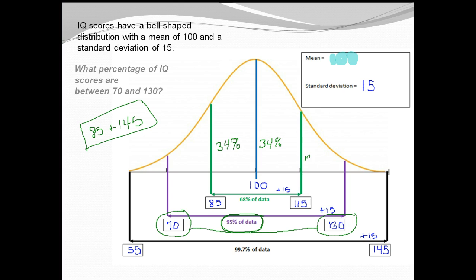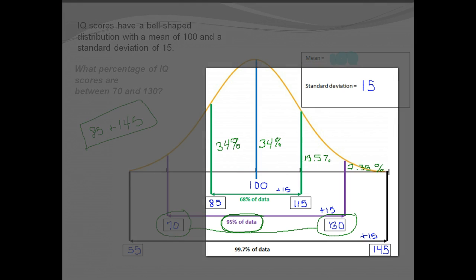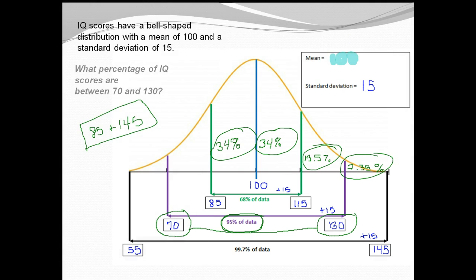We know that right here is 13.5%. And we know this little itty bitty part right here is 2.35%. If we add all of these up, because this is what we want to know from 85 to 145, these are the percentages that take up from 85 to 145, we will get 83.85%.